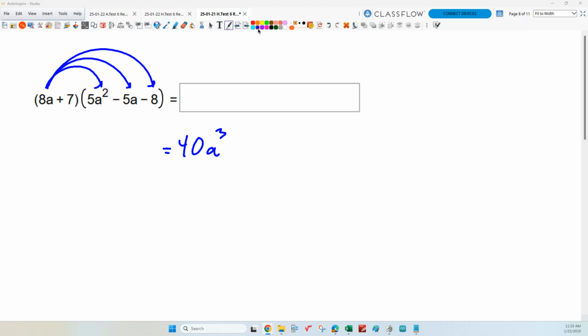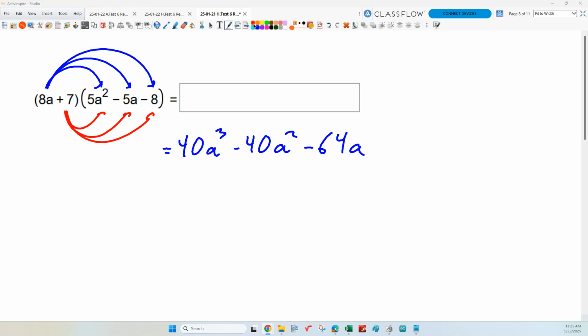I'm going to carve out columns for every power of a, so when I add up like terms, I can just group them vertically, right? 8a times negative 5a: negative 40a squared. Good. 8a times negative 8: negative 64a. And then what do I distribute next? 7. 7 times 5a squared.